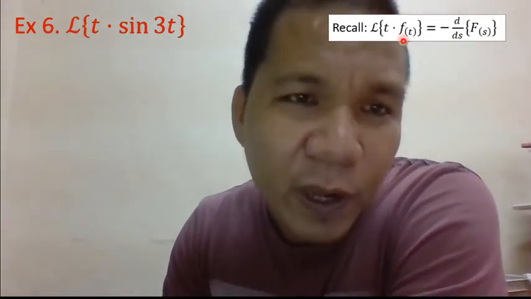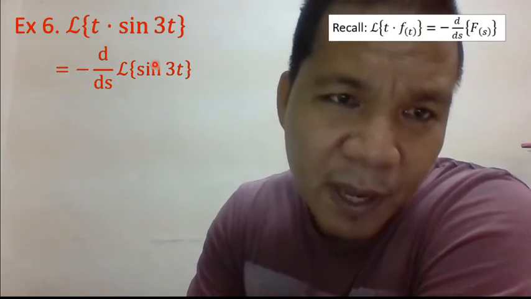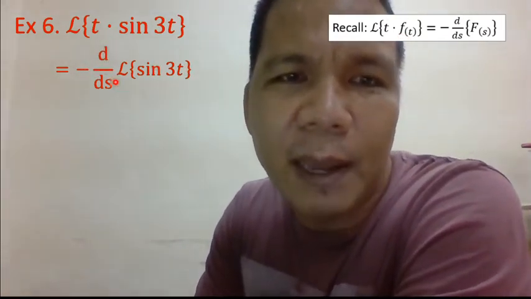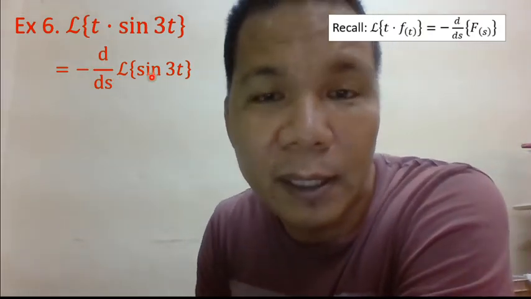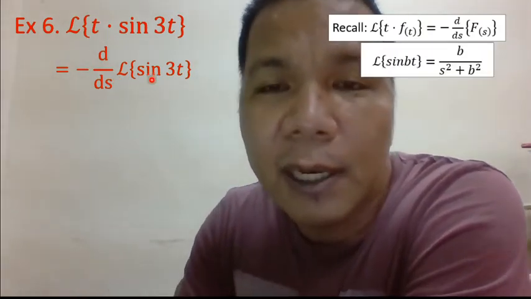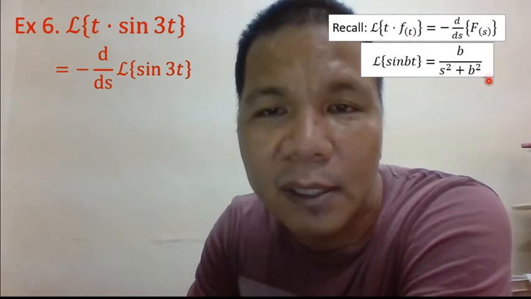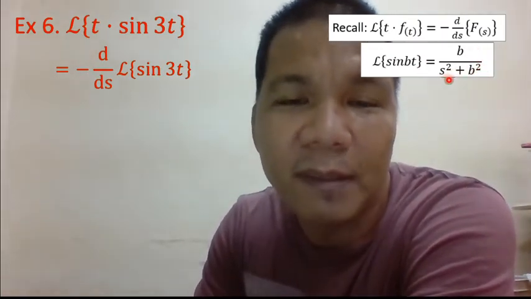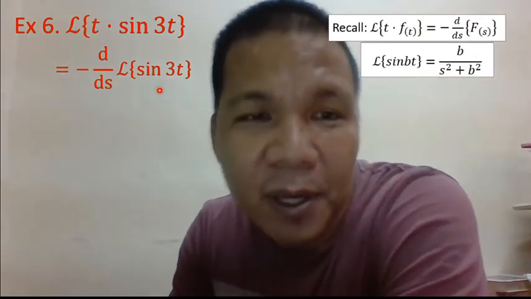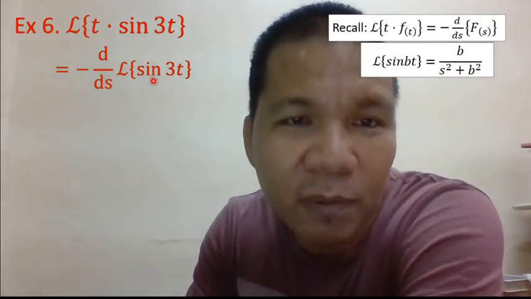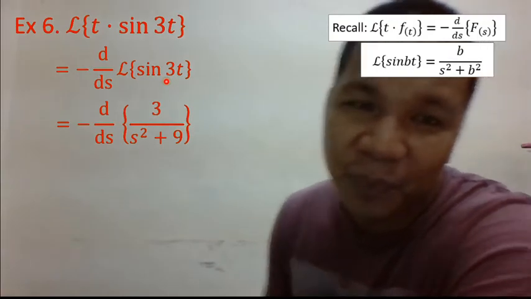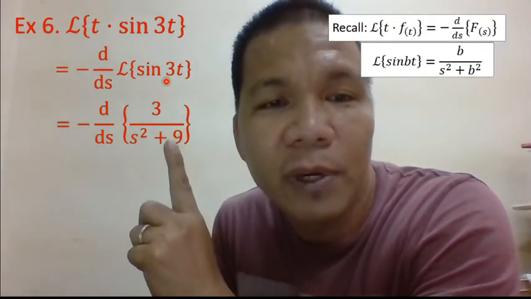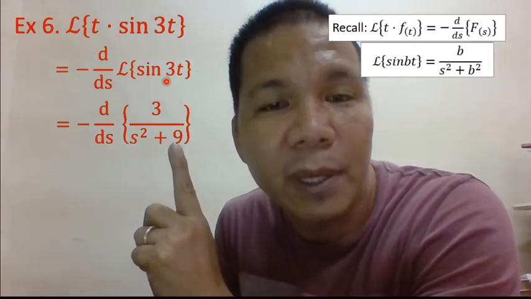So we are going to rewrite that in this manner. This is the negative derivative with respect to s of the Laplace transform of your sine 3t. Now recall that the Laplace transform for sine bt is b all over s squared plus b squared. After taking the Laplace transform of sine 3t, that will give you 3, that's your b, all over s squared plus 3 squared, that becomes 9.